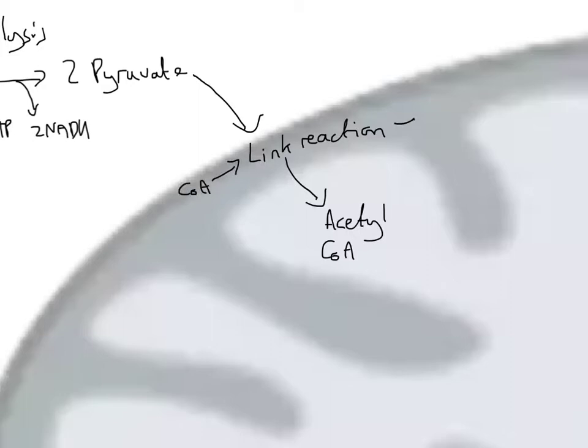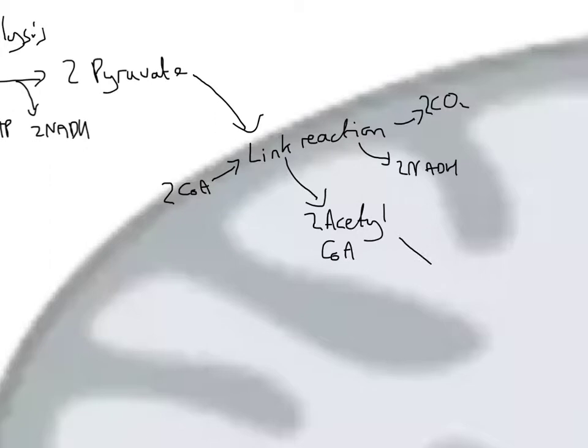And also coming out we have CO2, and as well as CO2 coming out, we have two molecules of NADH being produced. Just a reminder, that's two CO2s, two CoAs and two acetyl-CoAs, because we went in with two pyruvates.